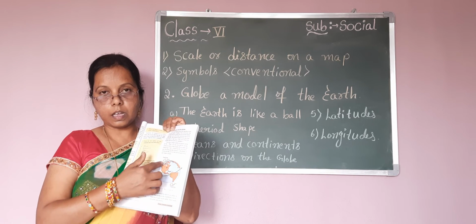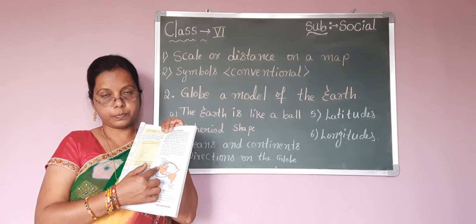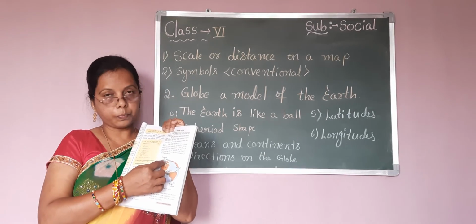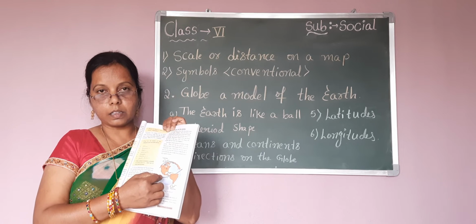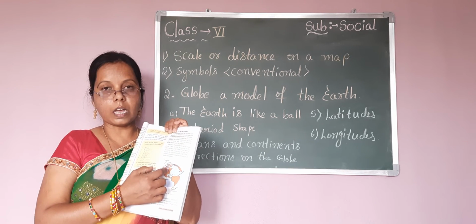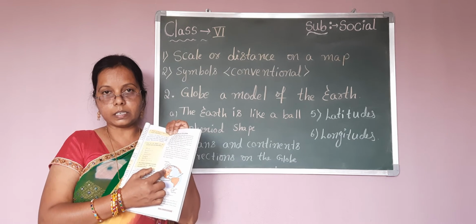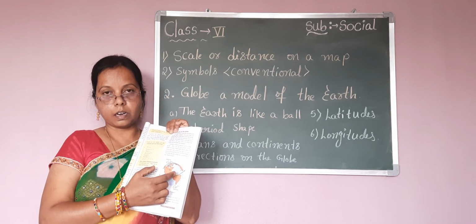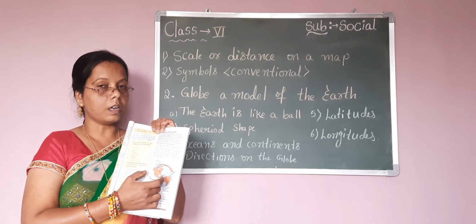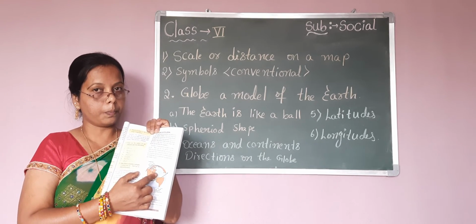So these are the directions. Not only directions, I already told you there are 7 continents connected with water bodies, and these continents have countries, capital cities, rivers and so on. So this is the information about the globe.